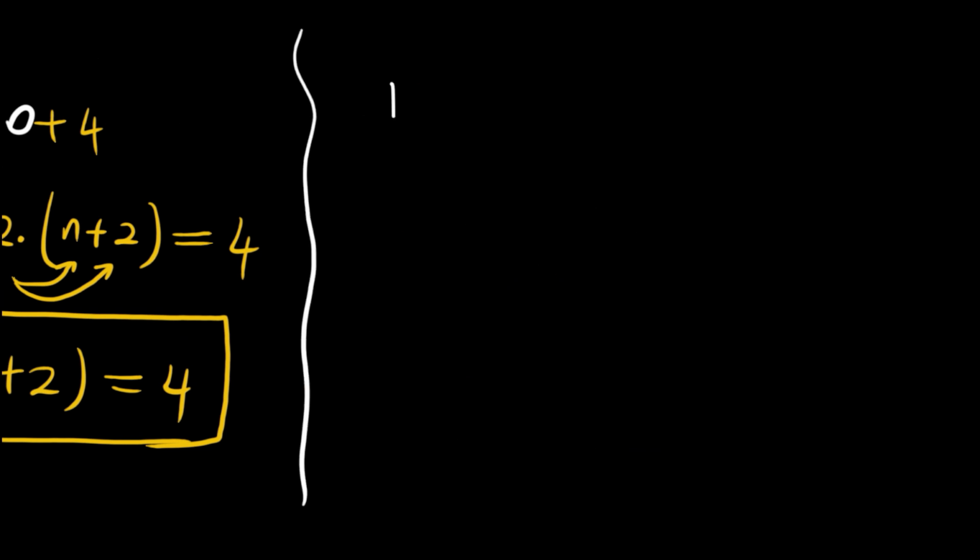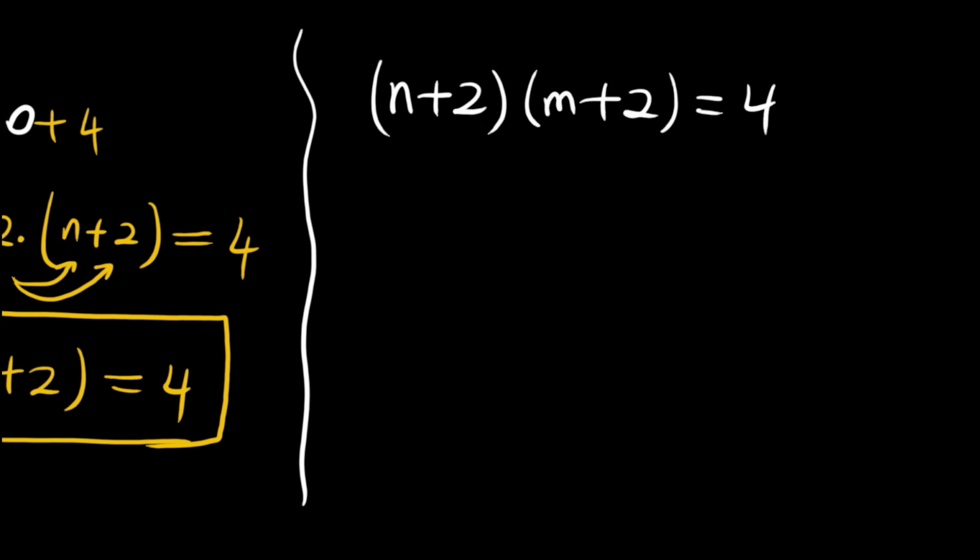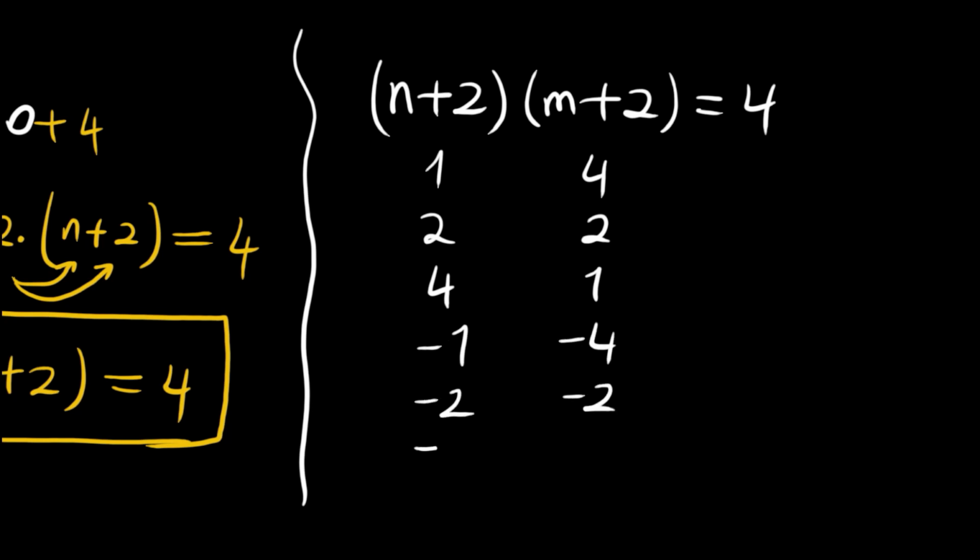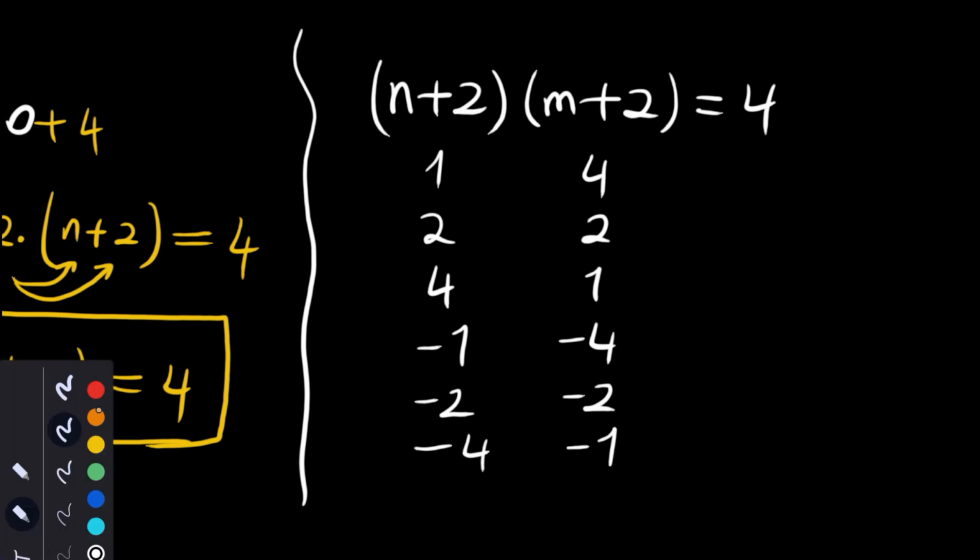Integer solutions may be from 1 times 4, maybe 2 times 2, maybe 4 times 1, and the negative versions of this: negative 1, negative 4, negative 2, negative 2, and negative 4, negative 1. These are all the possibilities.